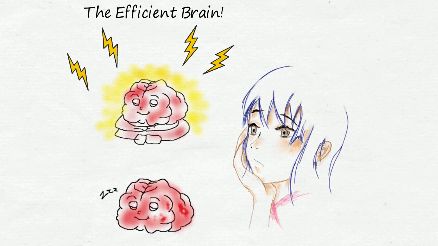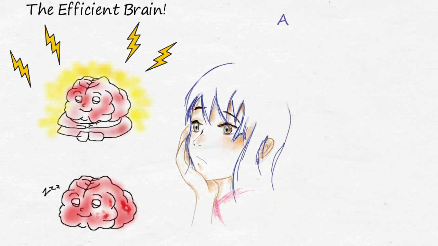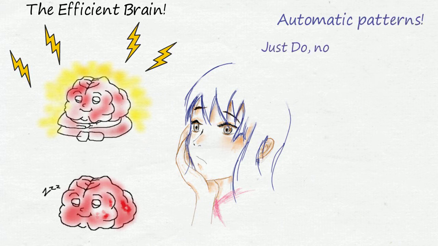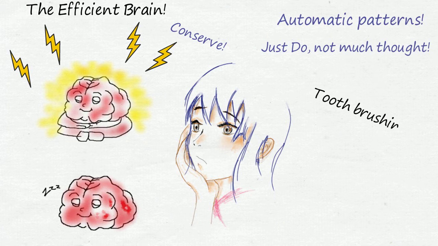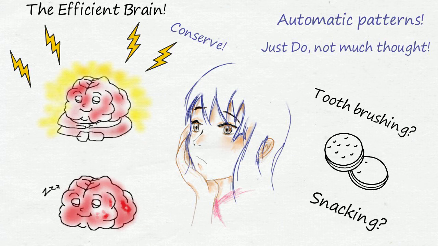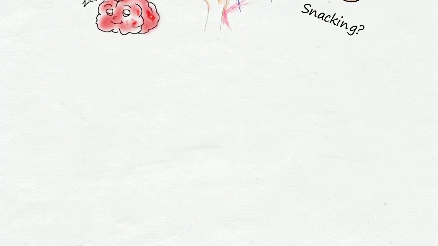So, at a primal level, the brain develops these seemingly automatic patterns that we just do without paying too much attention. This conserves brain energy. Obvious examples of such actions include brushing our teeth in the morning once we wake up, or having a snack during the day. Which brings us to the key drivers of habits.